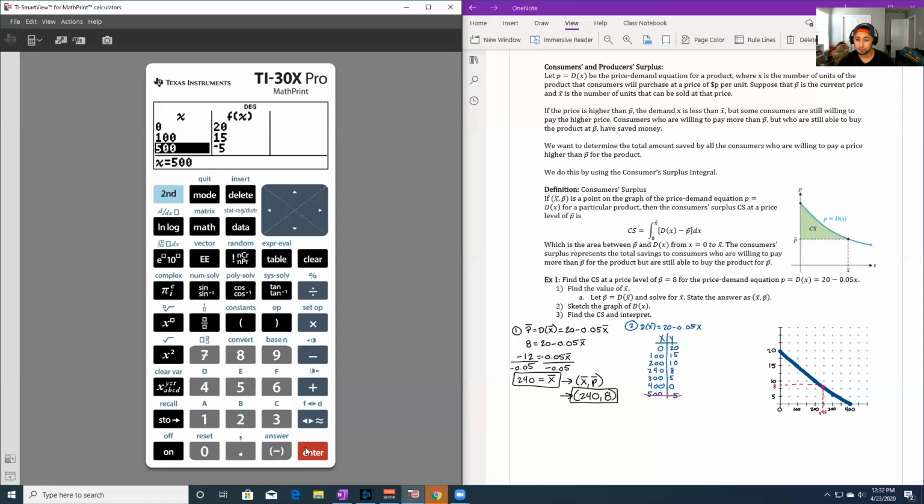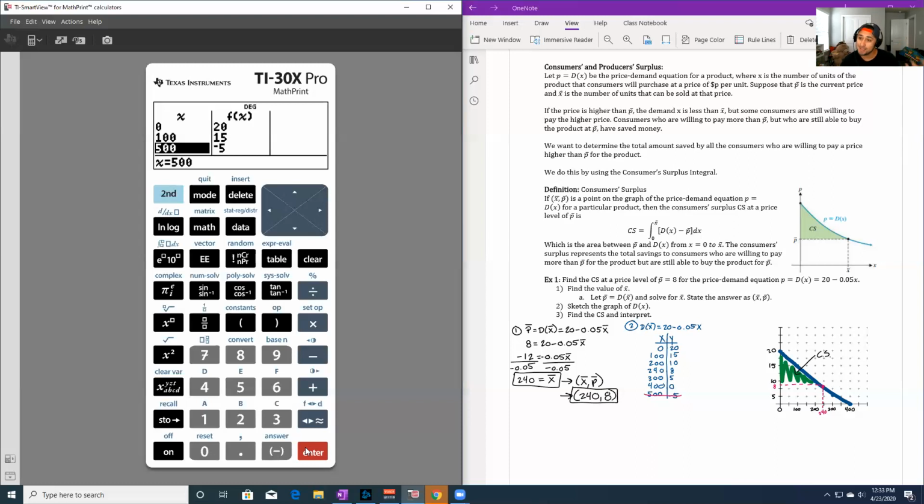So there's that. And now the consumer surplus, this is the area we're trying to find. Right here. This is the consumer surplus. Okay, perfect. It's graphed. That's done and over with.